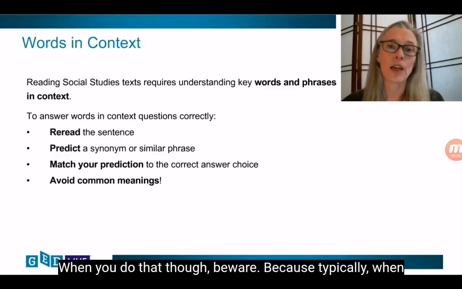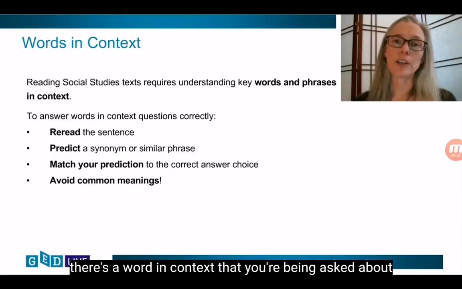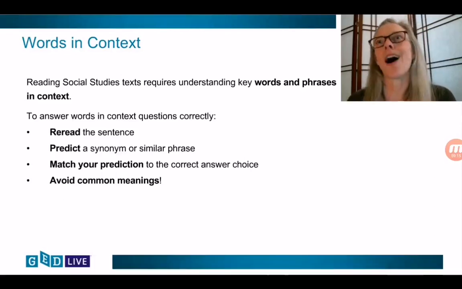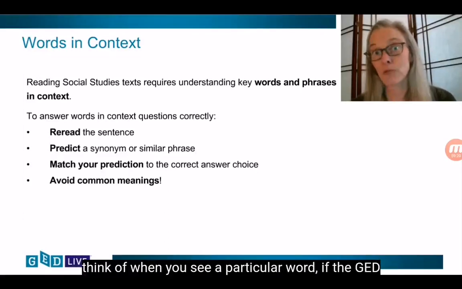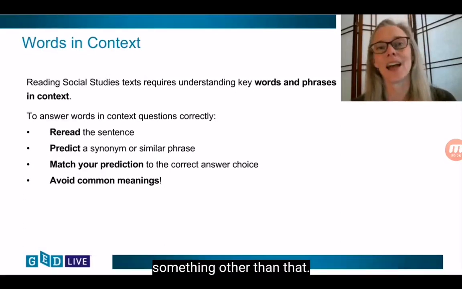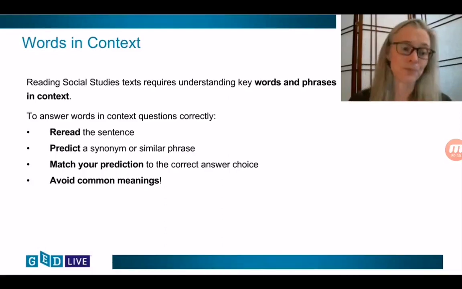But when you do that, beware, because typically when there's a word in context that you're being asked about by the test maker, it's often not being used in the most obvious way. So whatever you obviously, naturally think of when you see a particular word, if the GED social studies test asks you about it, chances are it means something other than that.